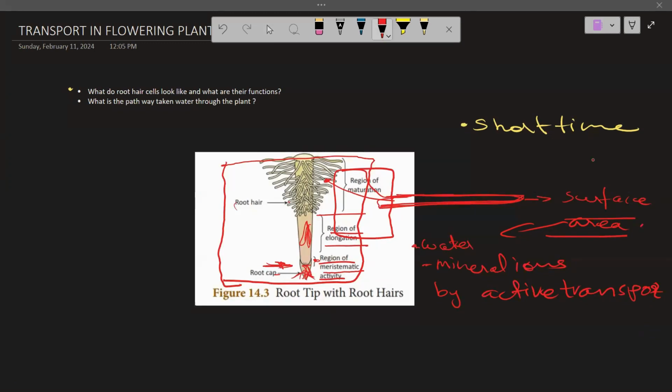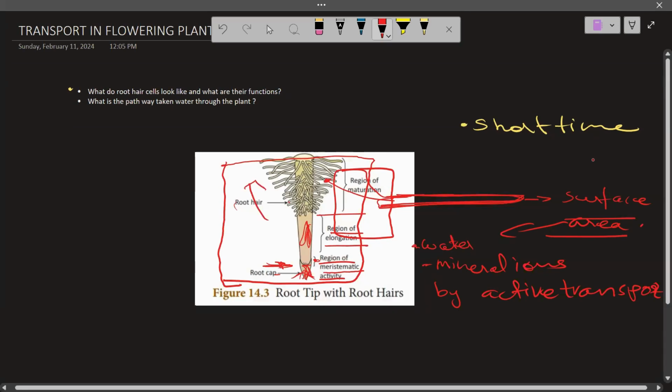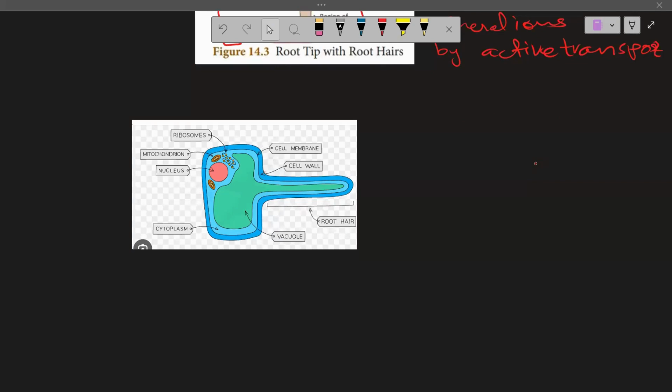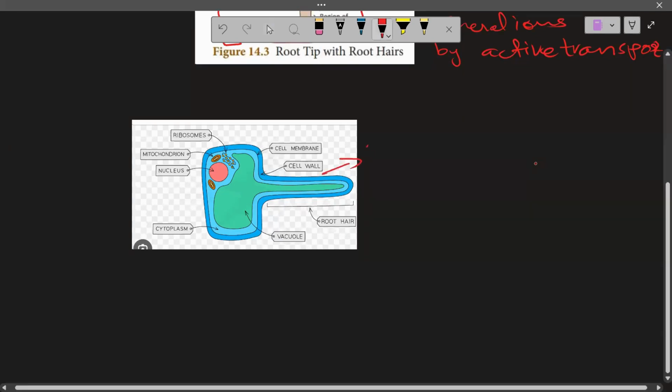As we go up along the root, in this area the root hair cells start to die. And in this area, they are growing. This is how a root hair cell looks.